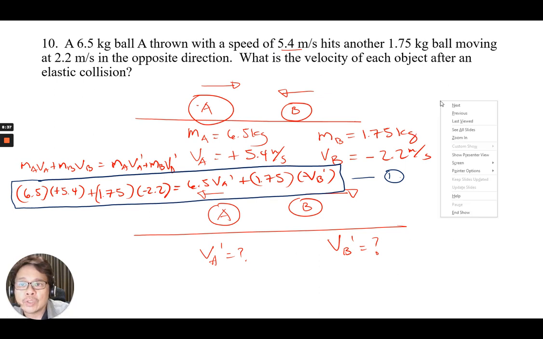Now, where do we get equation 2? Now, you will be introduced to a new concept, which is the coefficient of restitution.